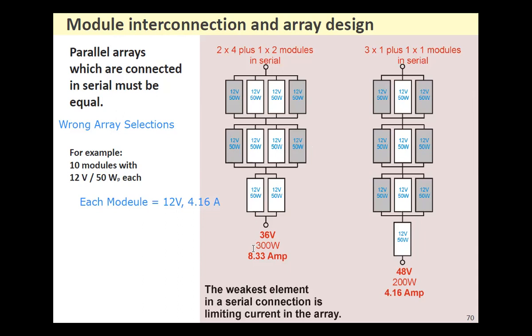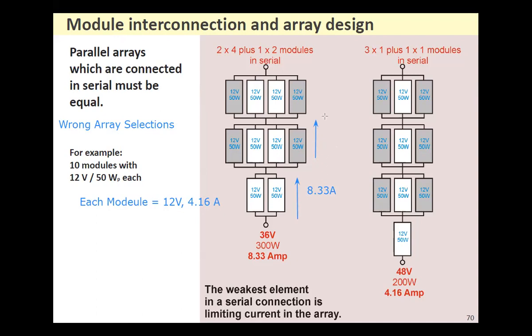Now what happens, if 4.16 ampere is the current rating of one panel, and these two are connected, how much current can flow from these two modules? The current flow is 8.33 amperes.